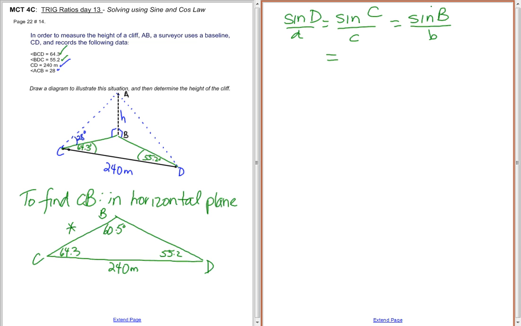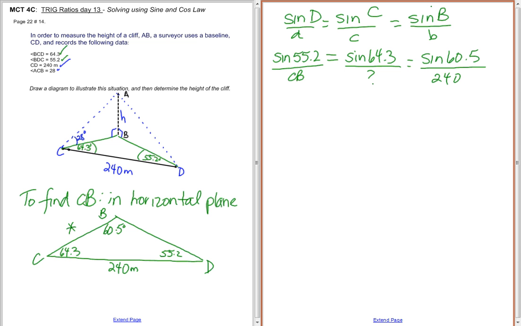Sine d is 55.2. Little side d is the one that I want to find, CB. So I'm just going to call it CB. Sine C is 64.3, sine of 64.3. Little c, don't know. Sine B is sine 60.5, and little b is 240.